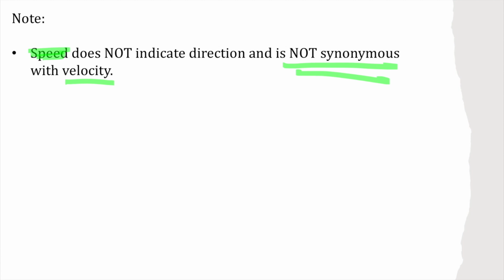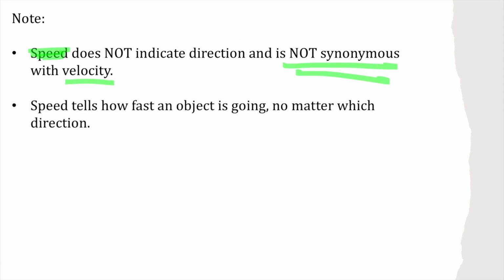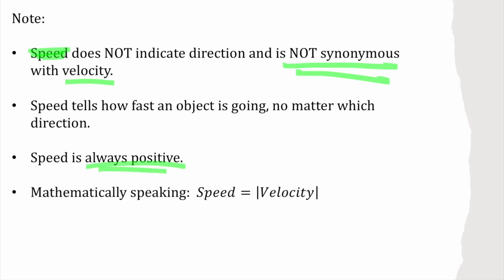However, in our everyday English language, sometimes we use speed and velocity as synonyms, but we have to be very careful in calculus that we don't mix them up. So speed tells you how fast an object is going, no matter which direction. Speed is always positive. Mathematically speaking, speed is the absolute value of velocity.